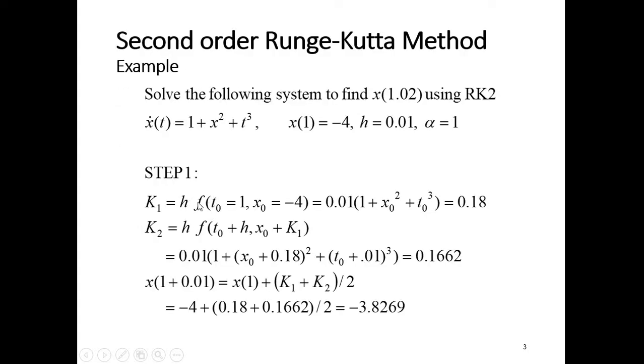So this will be h f of t0, x0 equals minus 4. Substitute t by 1, and for x, you substitute by minus 4. If you do that, then you get 0.18.